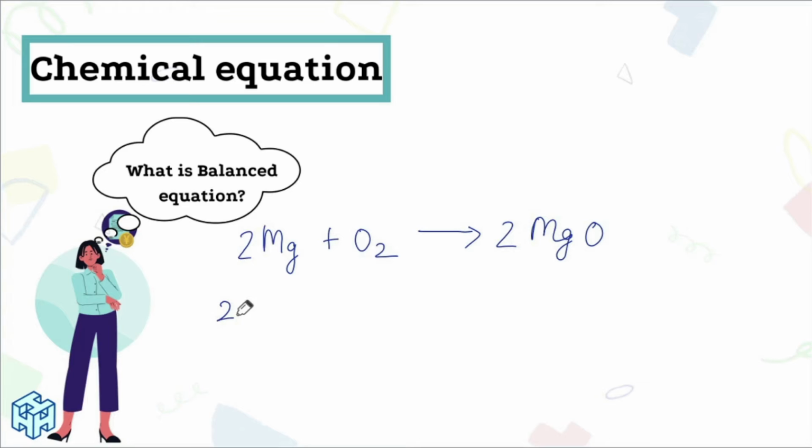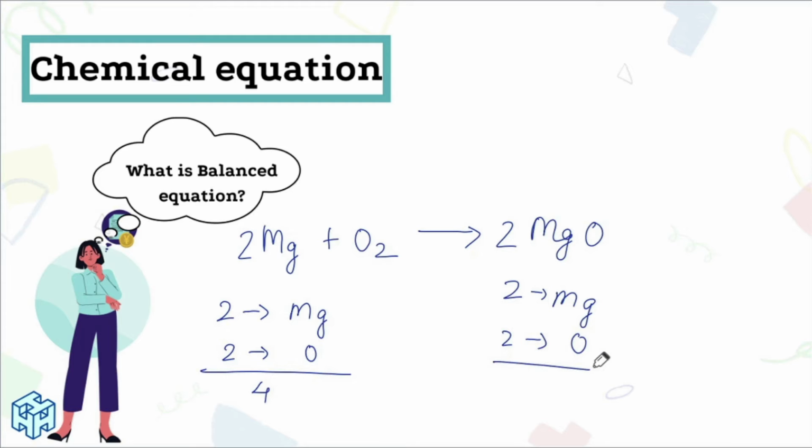Here how many do we have? 2 magnesium and 2 oxygen. Here what do we have? 2 into Mg is 2 Mg, and 2 into oxygen is 2 oxygen. How many do we have here? 4. Here also 4. Yes, it's equal. 4 is equal to 4.